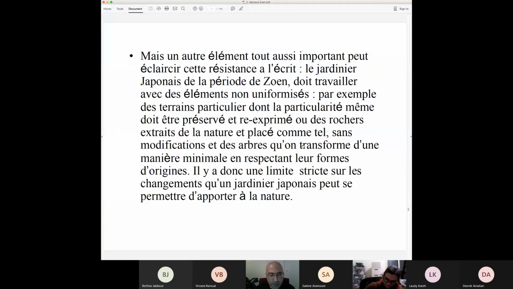And if you look around you, there's not a single terrain on Earth that's completely similar to the other. But this particularity was something to be valued. The Japanese gardener had to protect the particularity of the terrain he was working on. He had to protect it and re-express it.